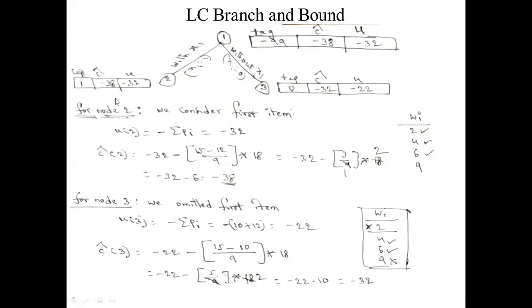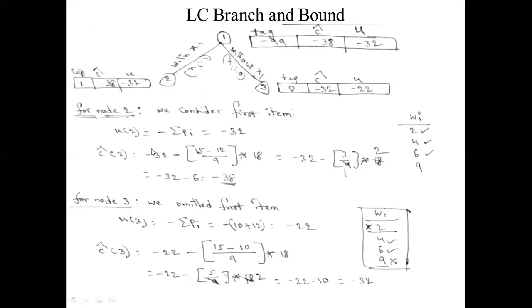First, node 2. Node 2 means we consider the element, so the considered element weight is 2. Once we have considered the element, whatever remaining elements we select in the sequence from there, as before, only the first 3 elements can be selected. Then the profit is minus the first 3 elements' profit, that is minus 32.